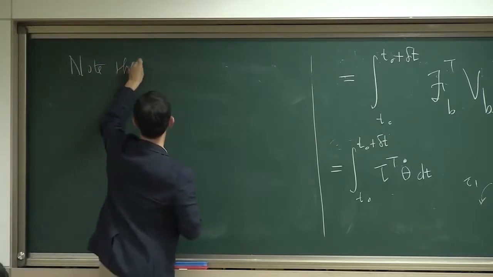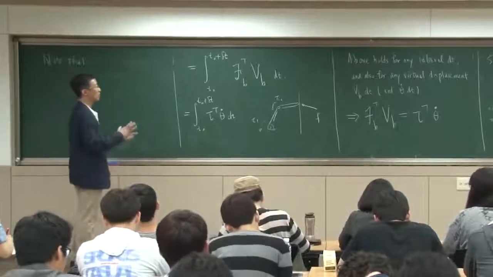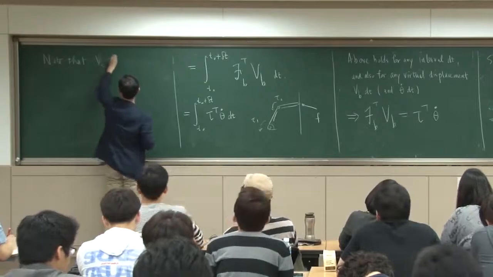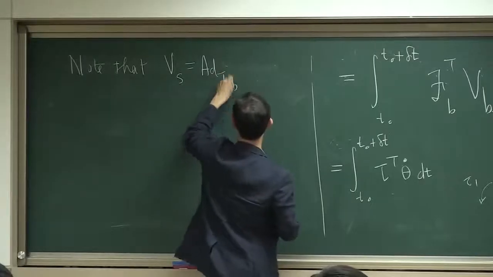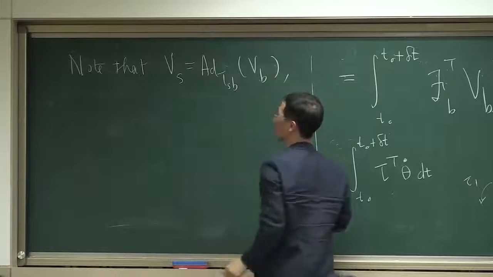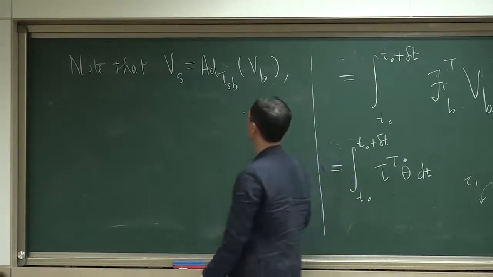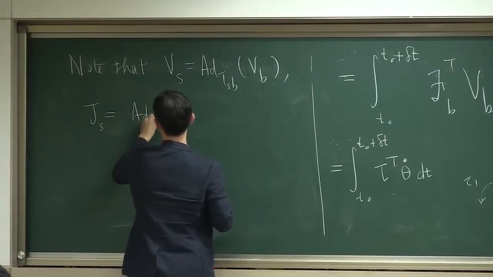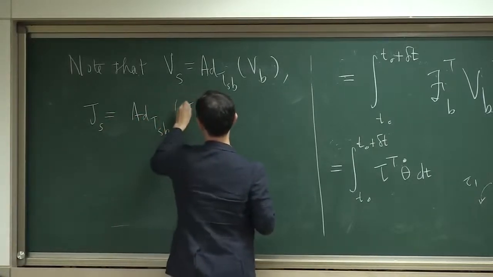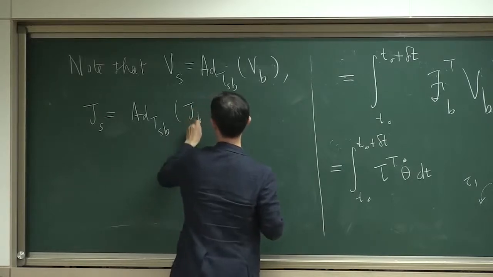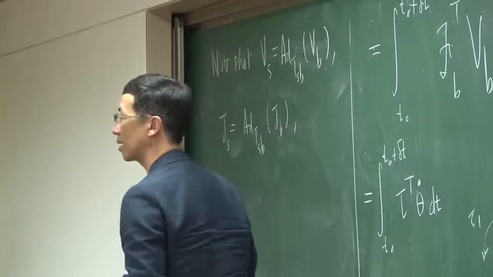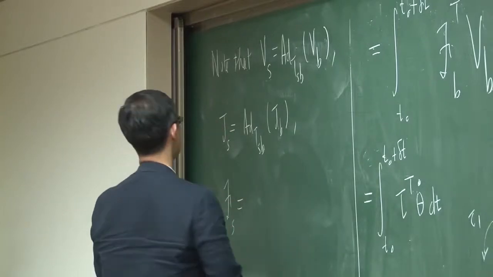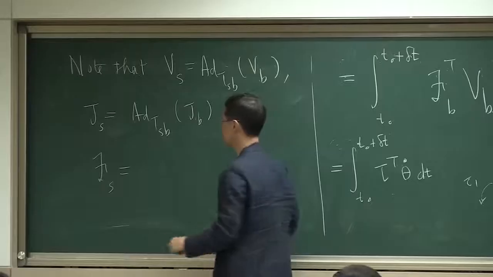Suppose we want to write V_S is Ad_TSB V_B, and J_S is Ad_TSB J_B. And F_S is, what is it?